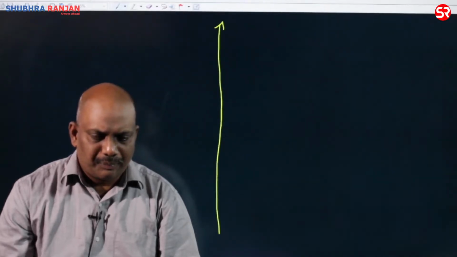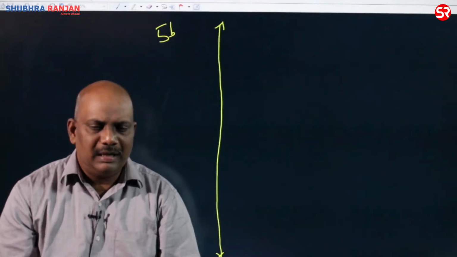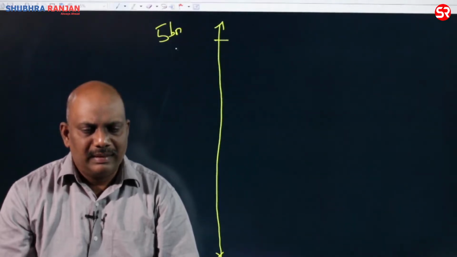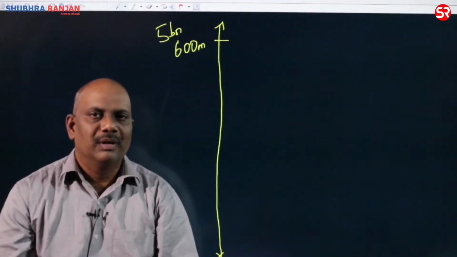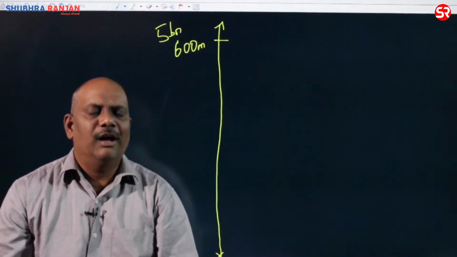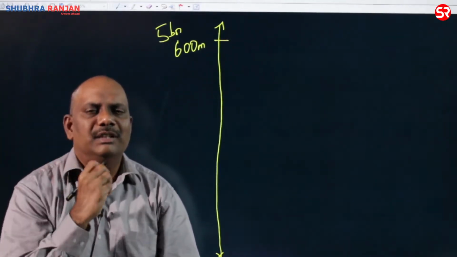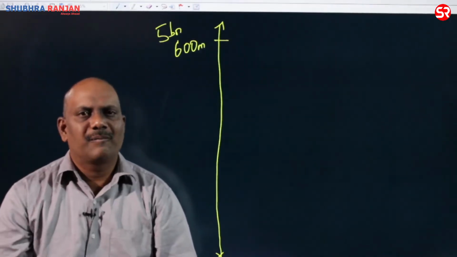So I told you our Earth is roughly 5 billion years old. Let us start from 600 million years ago. From this until now, all the geological events which happened on the Earth's surface were documented very clearly.